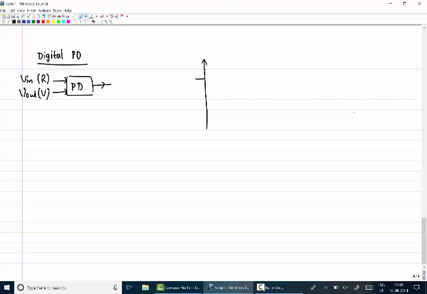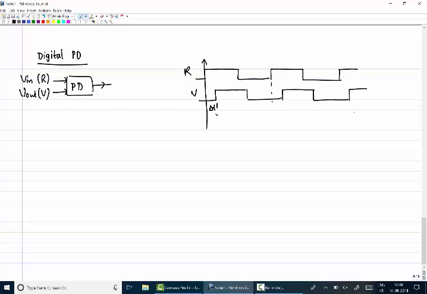Now I consider two clock signals, R and V. This is R, and the other signal V is somewhat shifted from it. This is delta T, the difference. All of us know that if the R and V signals are periodic with some time period T, you can write the Fourier series of this signal with sinusoids.